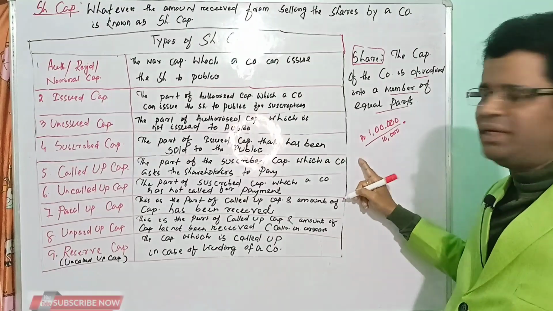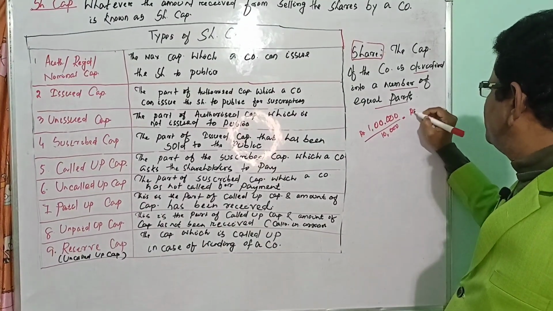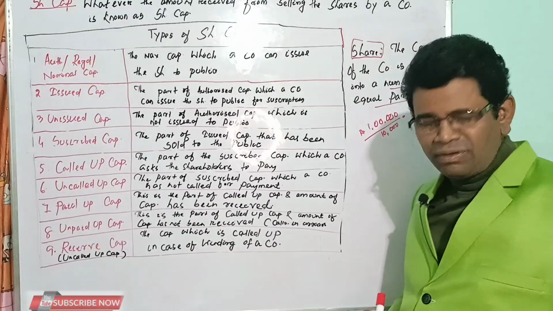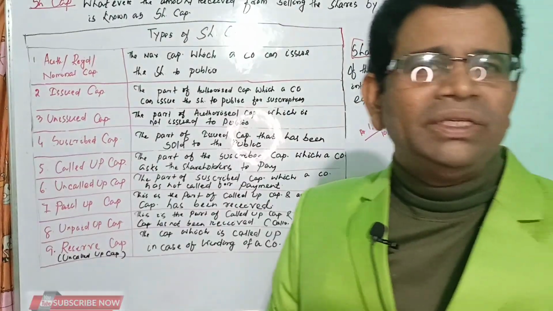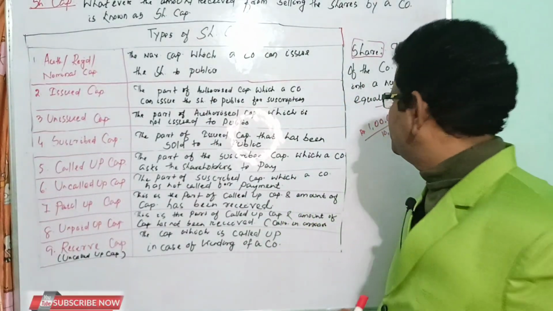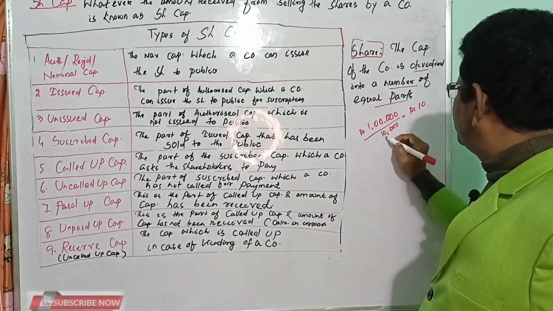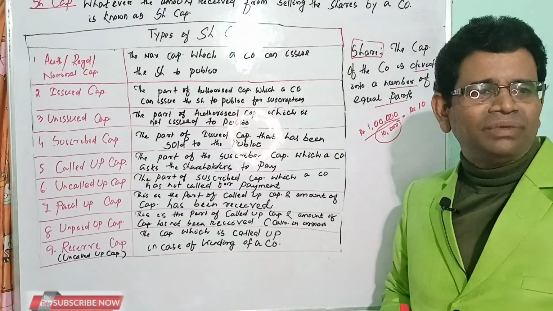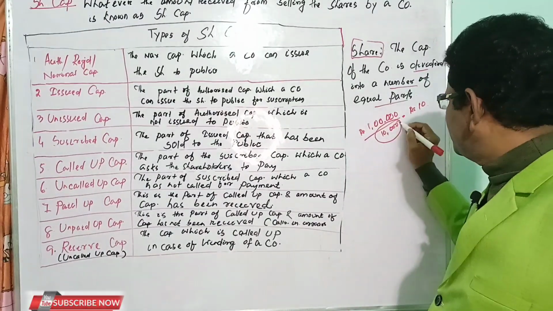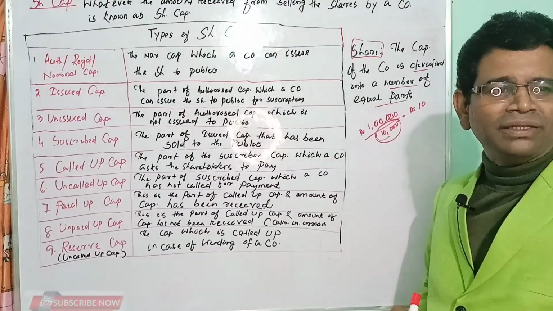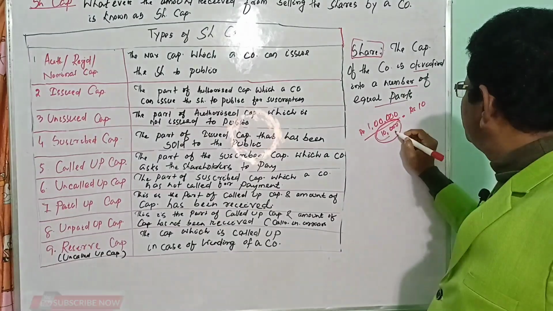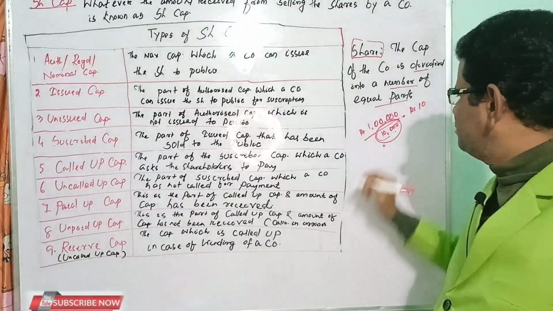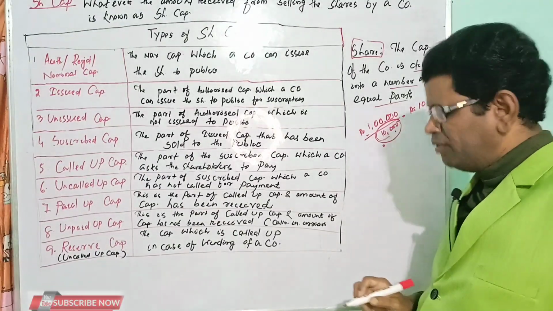So, each share will be rupees 10. The company will issue the shares to the general public to get the capital or fund. So, total shares of the company is 10,000, and 10,000 into 10 is equal to 1 lakh. So, the capital of the company is 1 lakh.